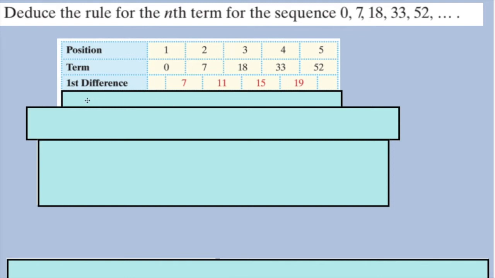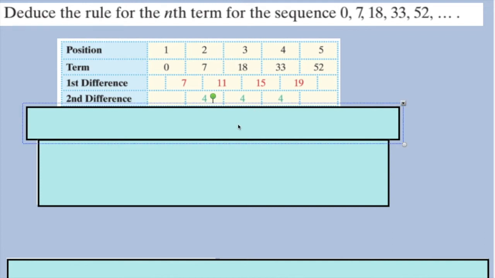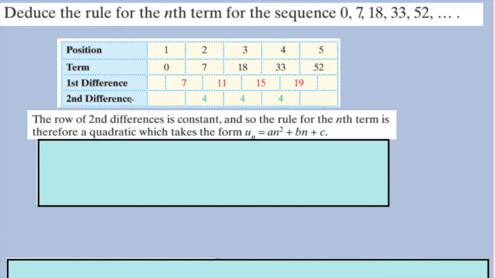We can do what's called the second difference. So the difference between 7 and 11, 11 and 15, 15 and 19, and we find that that is 4, 4, and 4. Well, that is a constant there. So the row of second differences is constant, and so the rule for the nth term is therefore a quadratic.